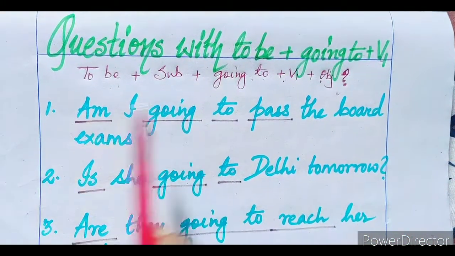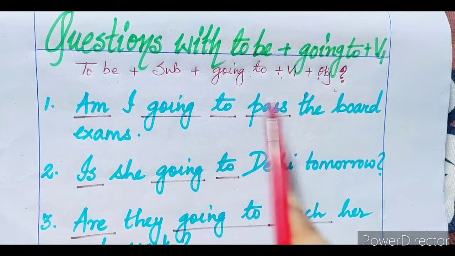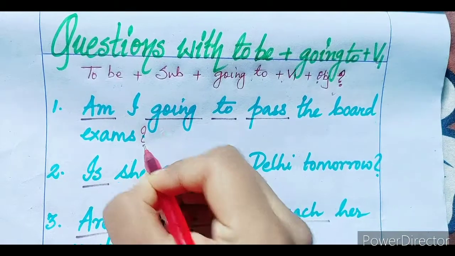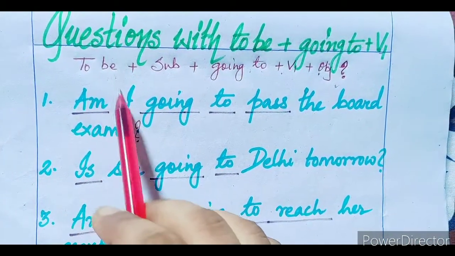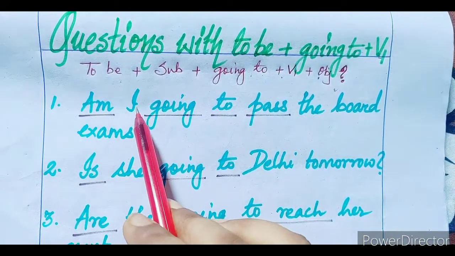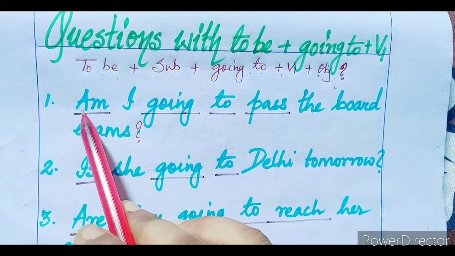So let us see the examples and understand it better. Number 1, am I going to pass the board exams? So here we have to put a question mark. So you can see that the question begins with the to be form, the present form am, followed by the subject I. Since we are using I, that is why we are using am over here.